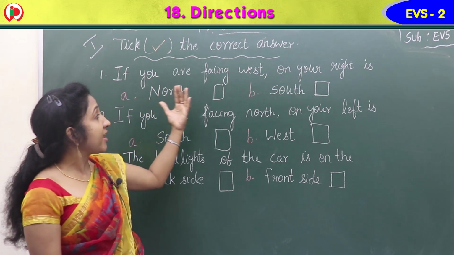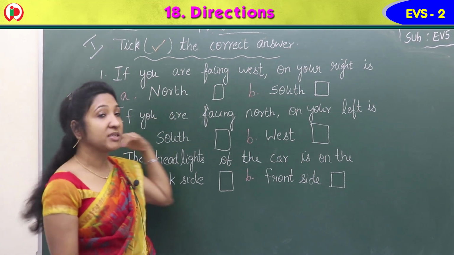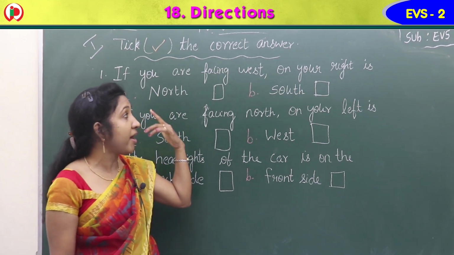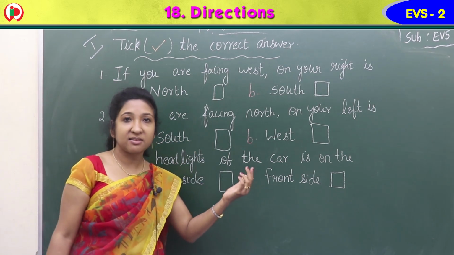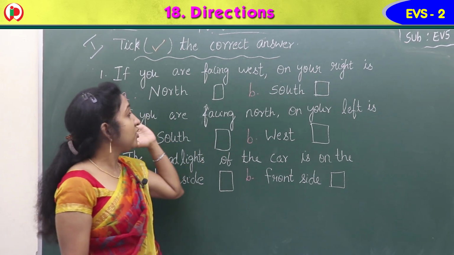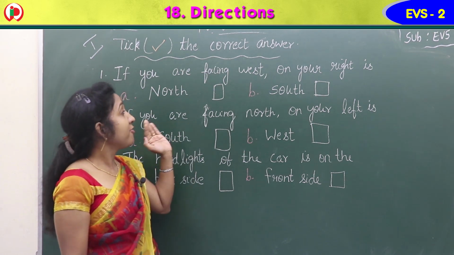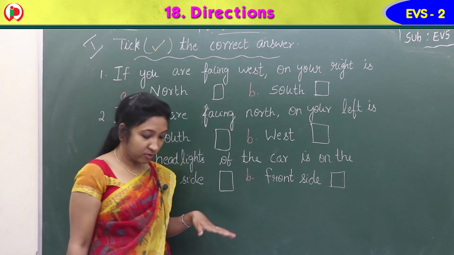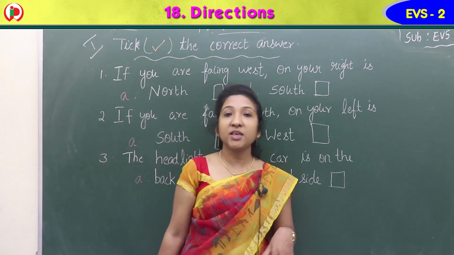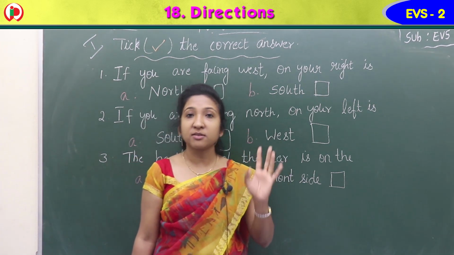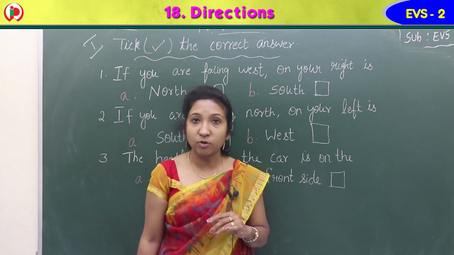The first question is, if you are facing west, on your right is option A north, option B south. We learned about 4 main directions: east, west, north and south.